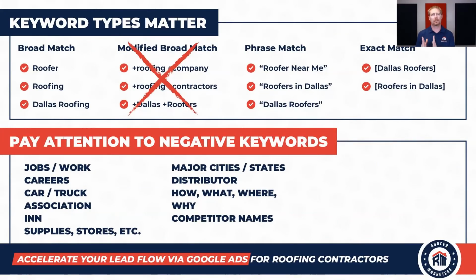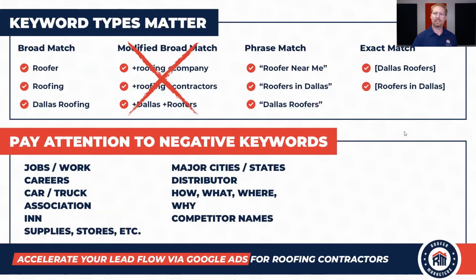The next, tightening up that search, is phrase match. Phrase match took over some of the characteristics of modified broad match, and they kind of merged those two together, but now it's called phrase match. And then there's exact match.